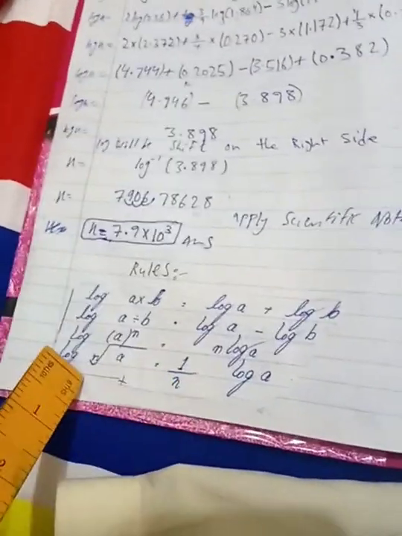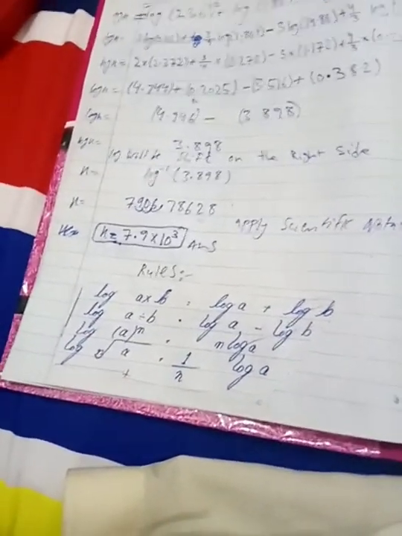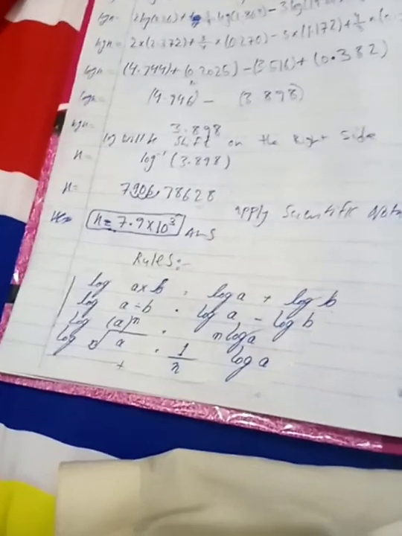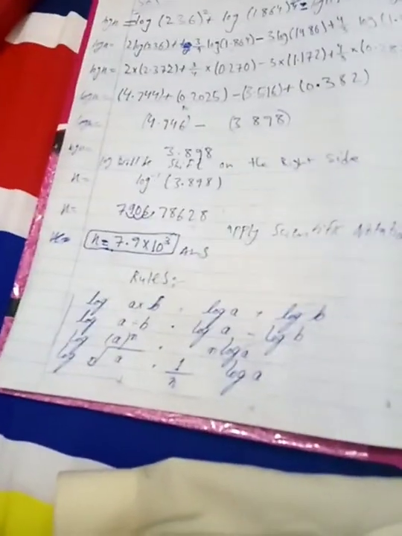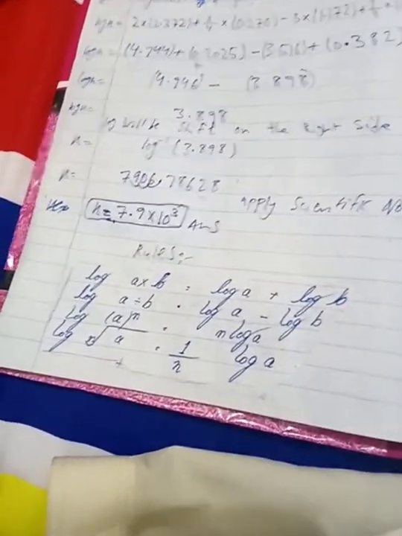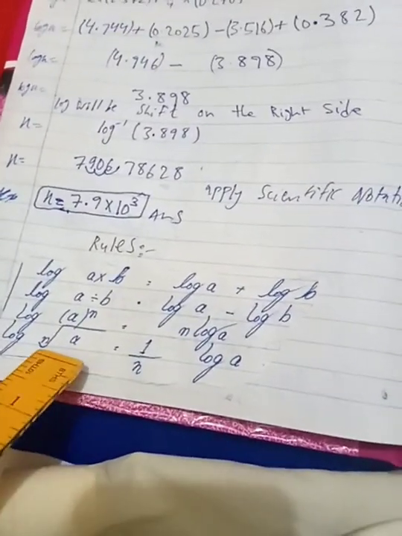The last rule is that if any value is in radical form, as you know, the power in the radical goes to the side and is converted into 1 upon n. So log of the nth root of a will be converted into 1 upon n log a.